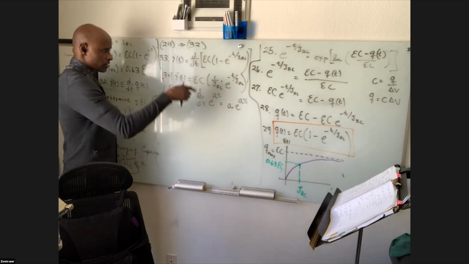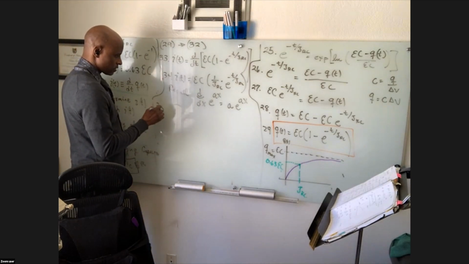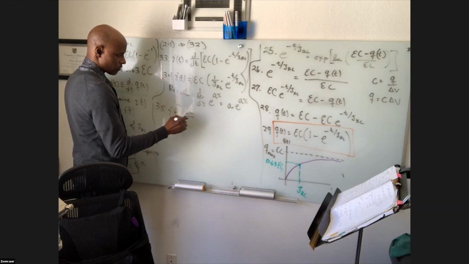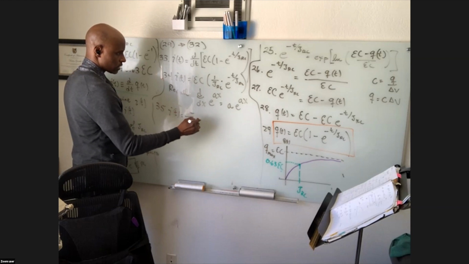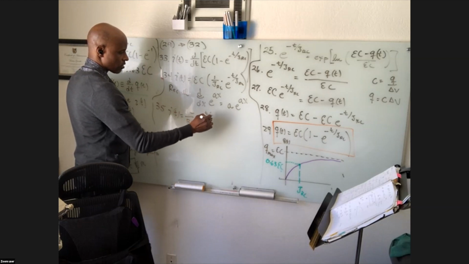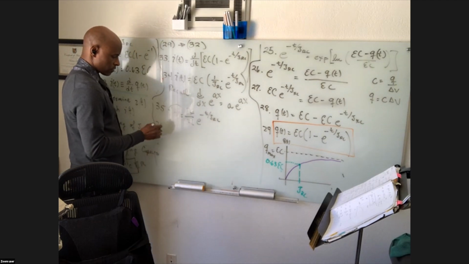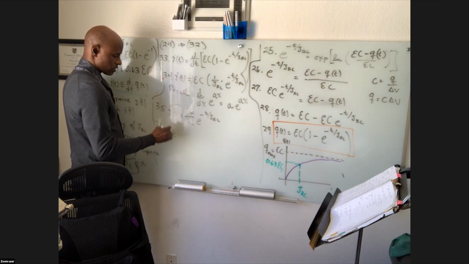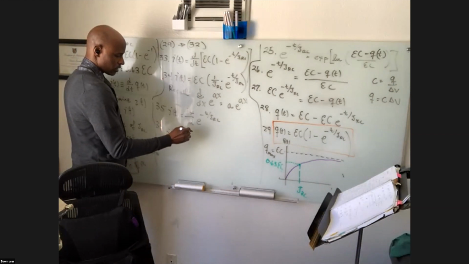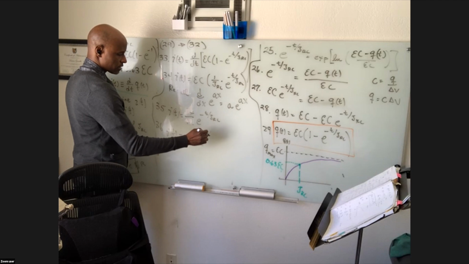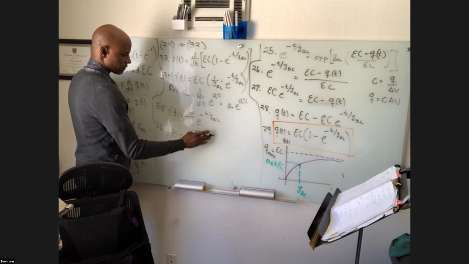Tau RC is R times C, so that becomes EC over RC times e to the minus t over tau RC. So the C cancels, and I think that's what you said you got, Angel. So E over R e to the minus t over tau RC.